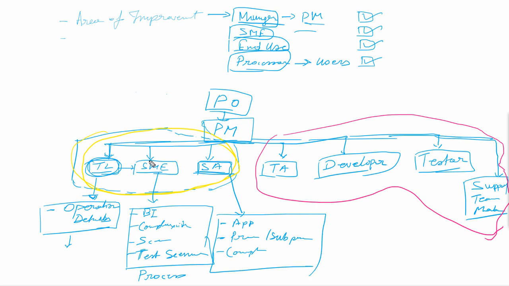By the way, in a lot of organizations the subject matter expert can also play the role of solution architect, if he or she has the technical acumen to propose a solution, analyze it, and deep dive into it. That's how a typical team structure looks.